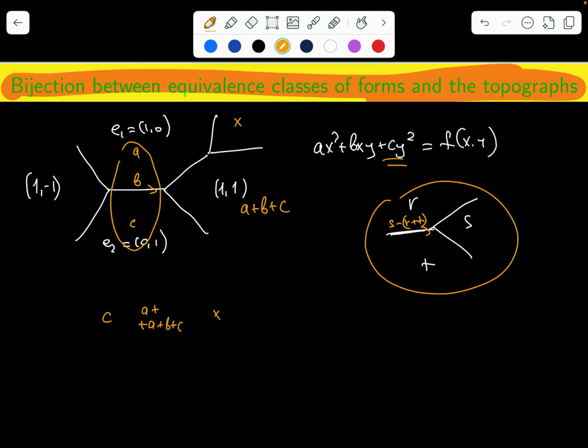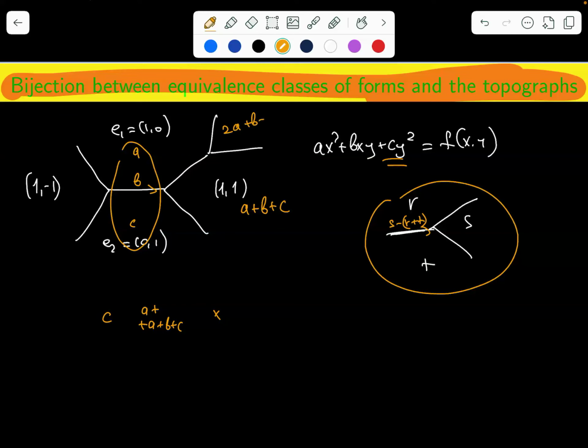So what is X? I think X is just 2A plus B plus C. Right? 2A plus B plus C, yes.